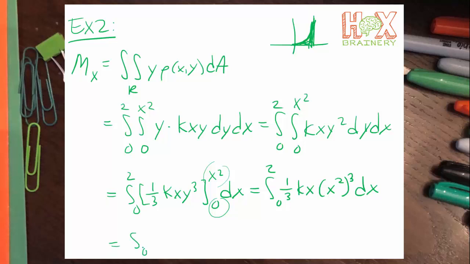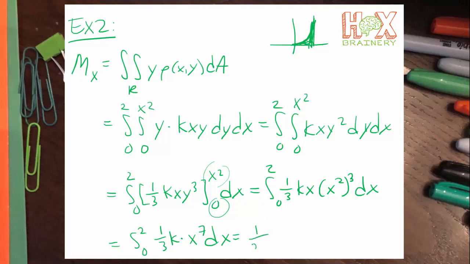Again, you've got to clean this up. I have 1/3 k. This would be x to the 6 times another x, which gives x to the 7th, dx. And then integrate finally again, but this time with respect to x.